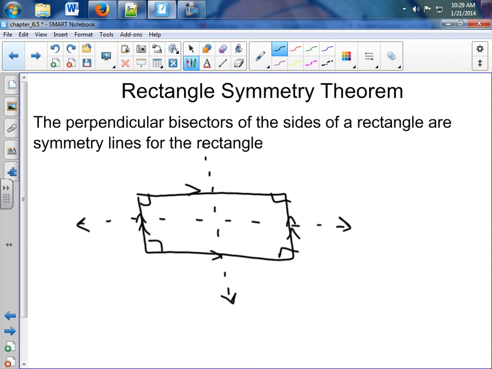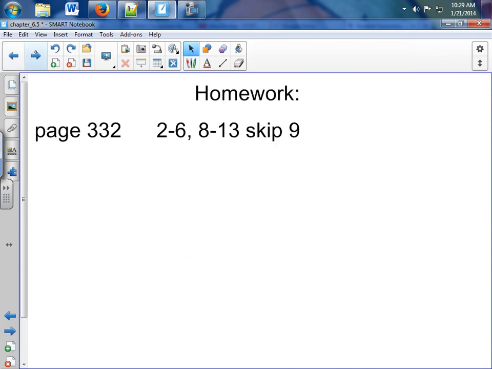Now these are perpendicular bisectors. What angle right here? 90. Okay. If this whole side was 20 feet, what's this side? 10 and 10, right? Does that make sense? Okay. We'll find out. There you go.